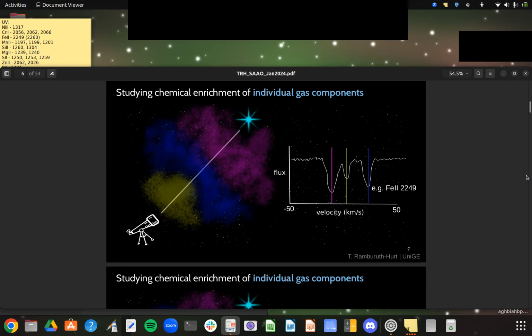And so what we see in the absorption profile is a nicely dissected absorption line profile for each metal. For example, here we have iron at a wavelength of 2249 angstroms. Each of these individual lines corresponds to each of these individual gas components. This is a very powerful thing that we can do with very high resolution spectroscopy. We can study not only the full line of sight, but gas clouds along the line of sight, and we can compare them.